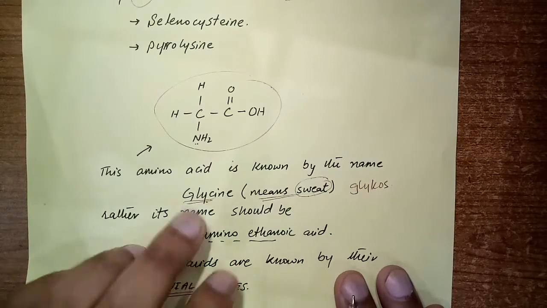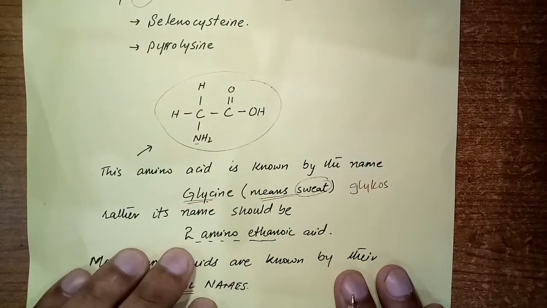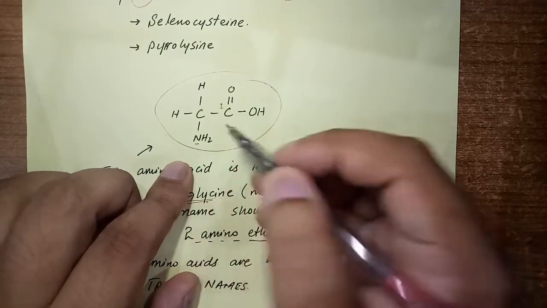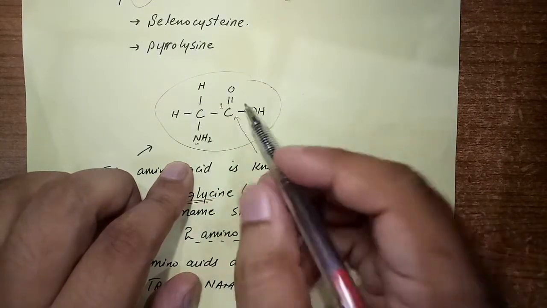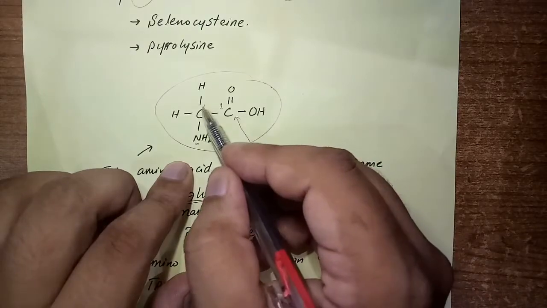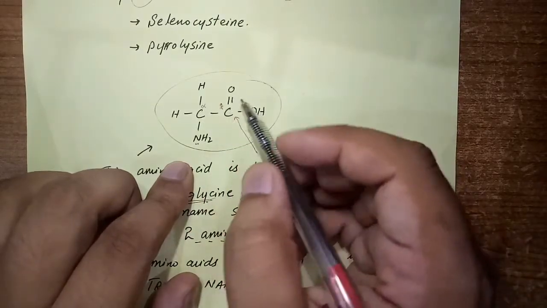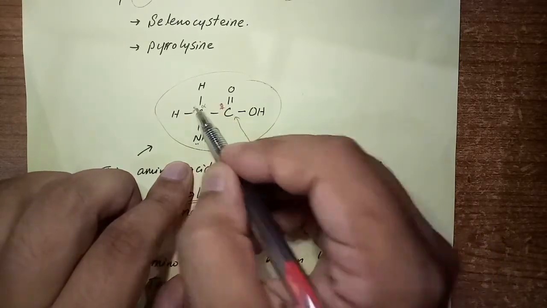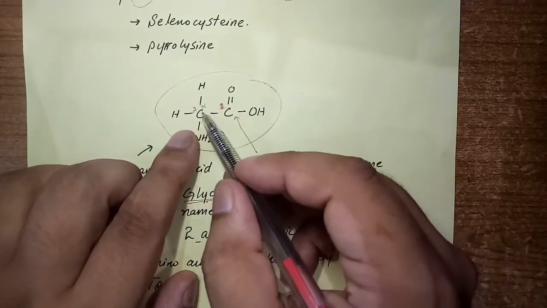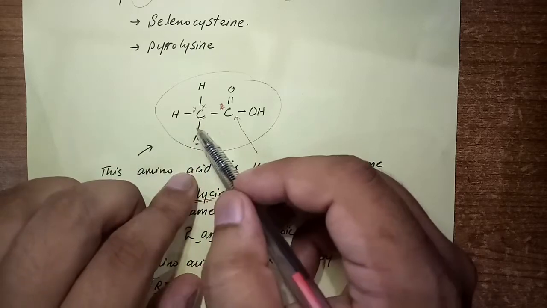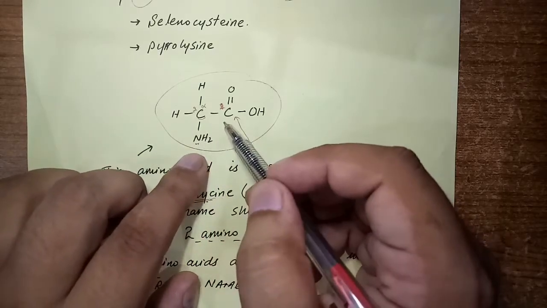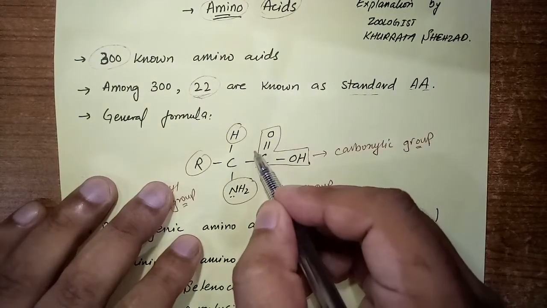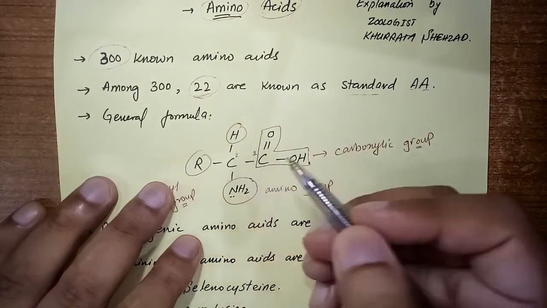The trivial name is glycine, but the original name is 2-amino... It is the first carbon, and this is the alpha carbon, and it is basically the chiral carbon, and it is the second carbon. And you know what, this carbon contains all different functional groups if you think about it here.